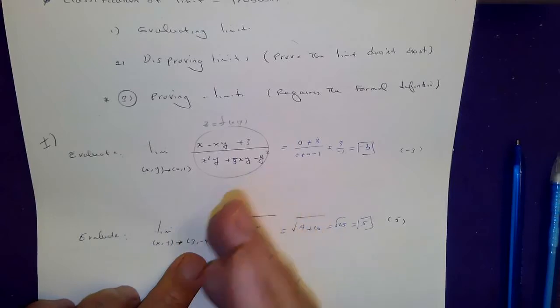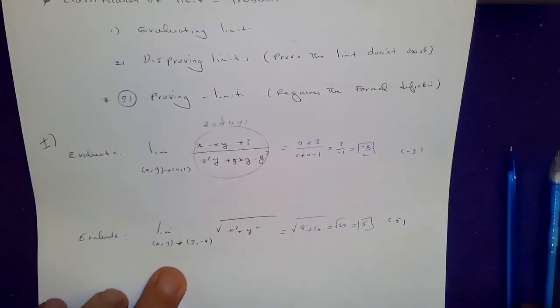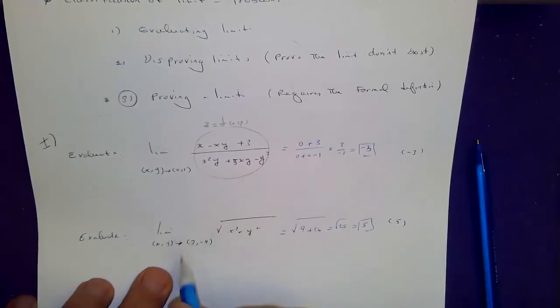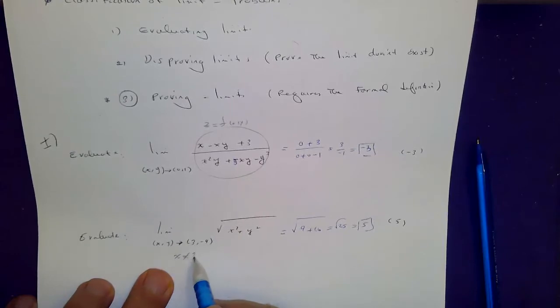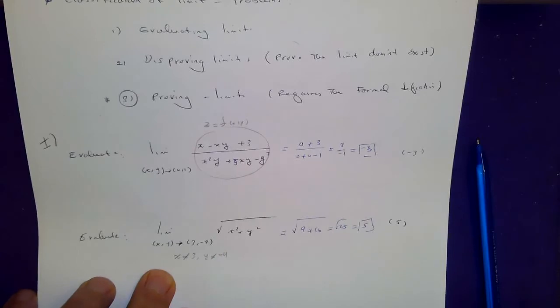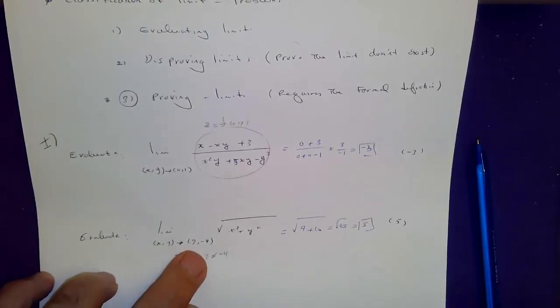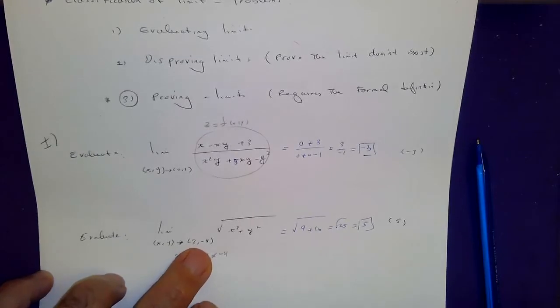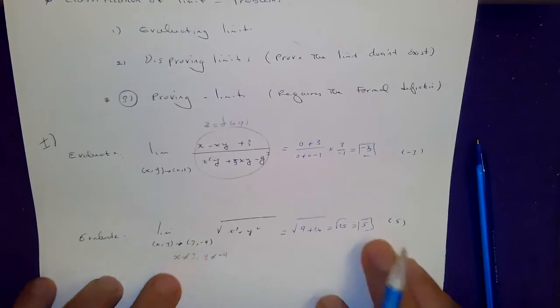These are limits. In this case, neither is x equal to 3 nor y equal to negative 4. They're just getting close to it. The closer you get to this point, 3, negative 4, the closer z gets to 5.